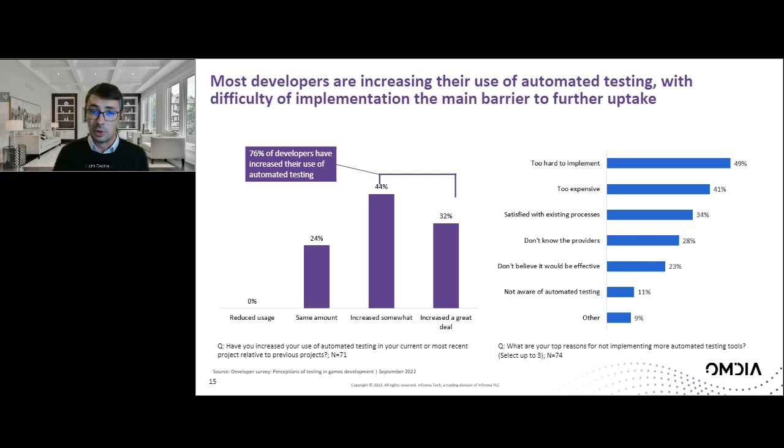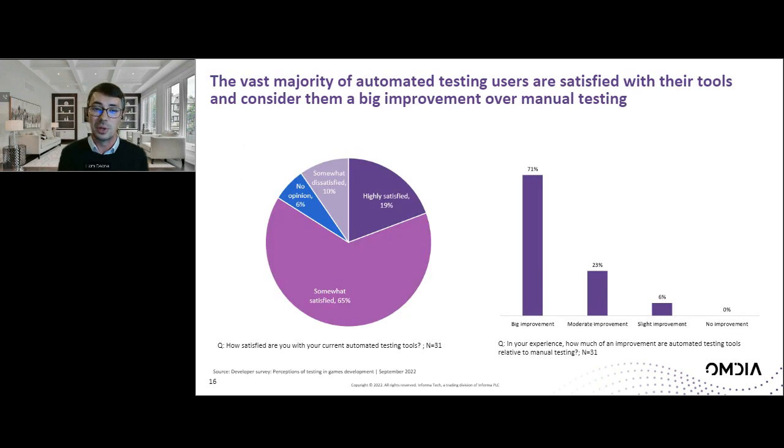Then that's followed by concerns about expense, but it's striking to see the perception of difficulty in implementation coming up top there. But that provides an interesting contrast with when we looked specifically at those developers who were already using automation testing, and how satisfied they were with those tools.